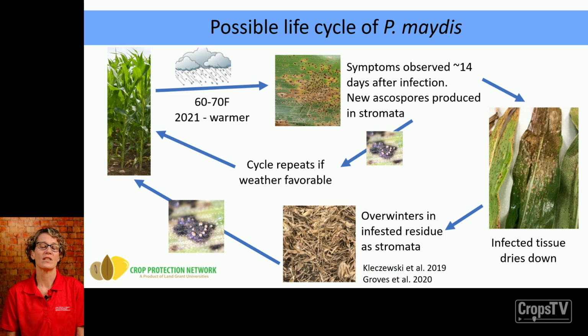And then obviously, with moisture, those stromata in that leaf tissue will ooze more spores. They will then get distributed across that leaf to new leaves, and therefore we get multiple cycles of this disease, and that means that we get more and more stromata developing on those plants in that field, more severe disease, and therefore affecting production.